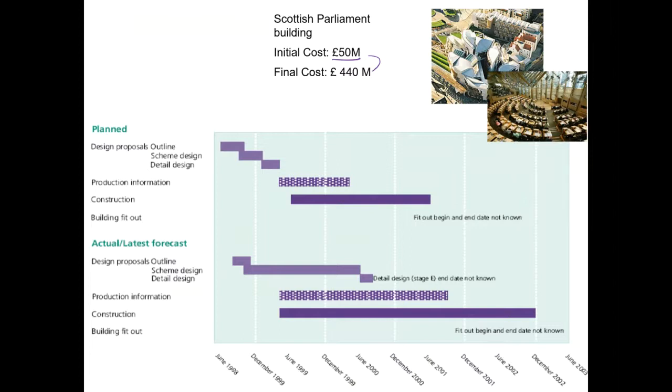Now, here you can see the Gantt chart of what was planned and the actual delivery. So here the plan was to have schematic designs and the detailed designs completed by around this period, and then there would be production information and detailed designing, and the construction would start from here. But actually, the way this project was delivered, the designing went halfway through the construction phase.